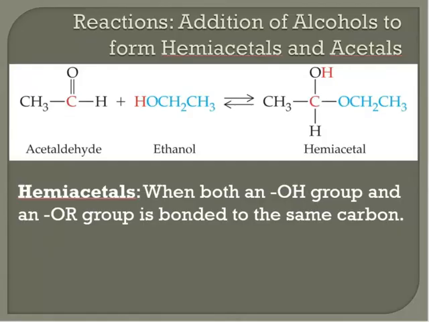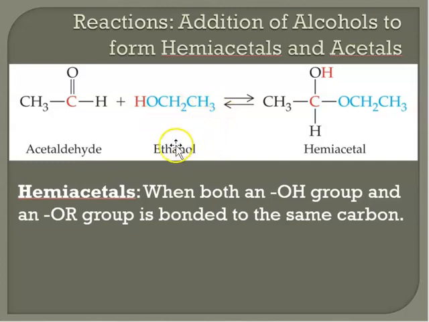Here's another really important chemical reaction that happens in biochemistry quite a bit. The reason for this is that we have different types of sugar compounds that can be aldehydes or ketones. A lot of times those sugar compounds also have many alcohol or hydroxyl functional groups hanging off the side.